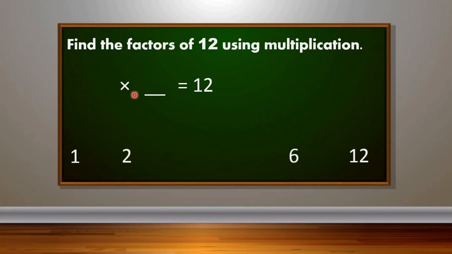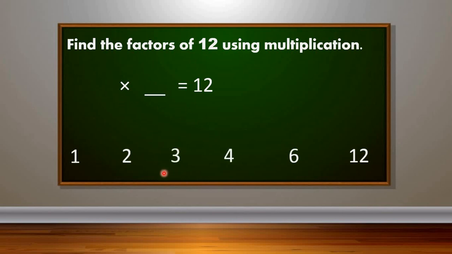Now let's check it out with 3. Can you multiply some number with 3 to get 12? Yes, we may multiply number 3 by 4 to get 12. Right? So you may say that 3 and 4 both are the factors of 12. Now put these numbers down.